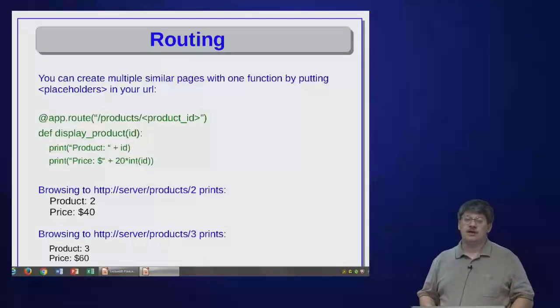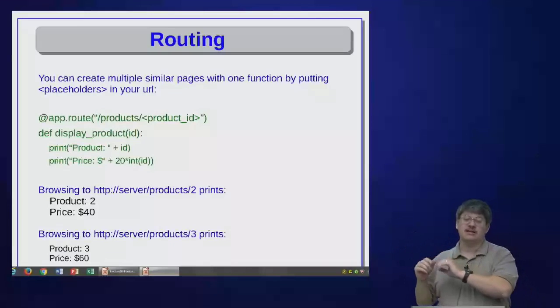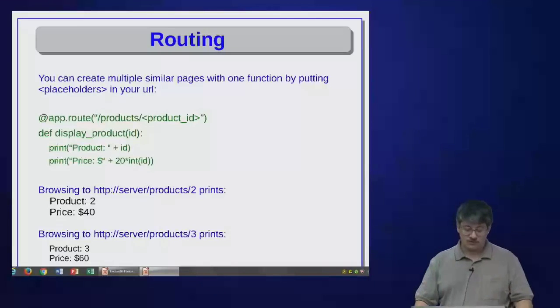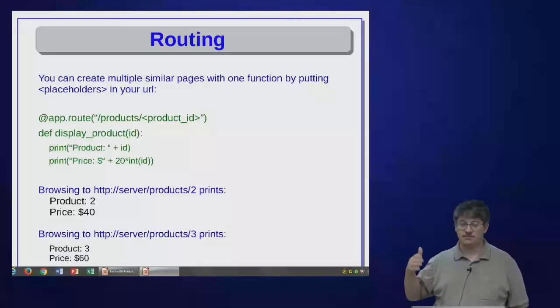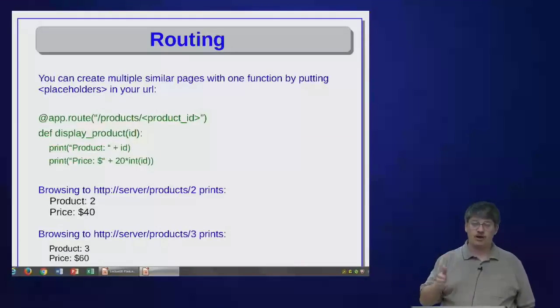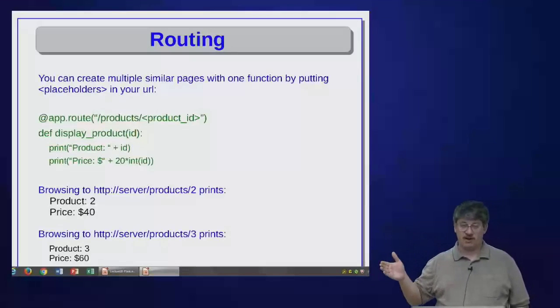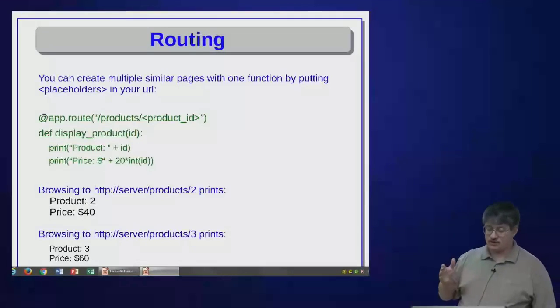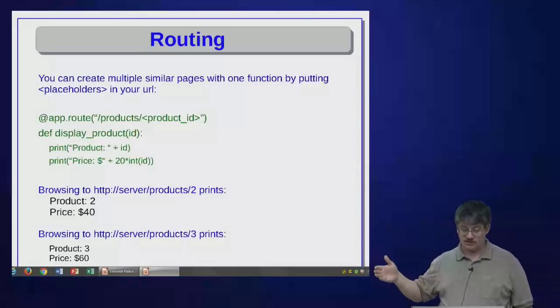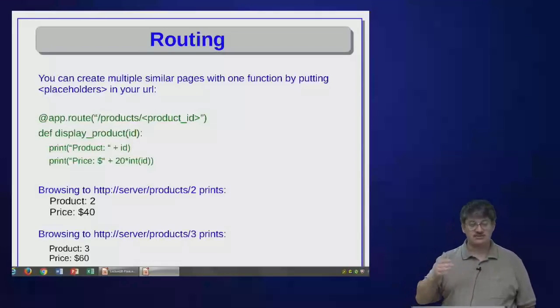By default, Flask treats all of these placeholders, all these variables, as strings. So you have to actually cast it to an int to be able to treat it like a number. So if I go to http:// whatever my server is, example.org/product/2, that's going to print out product 2, price $40. If I go to /product/3, then it's going to print out product 3, price $60.